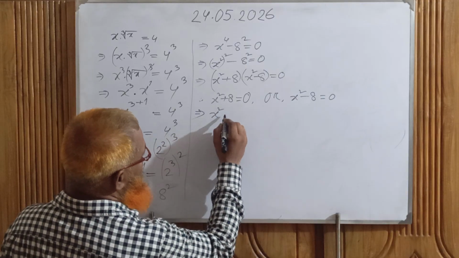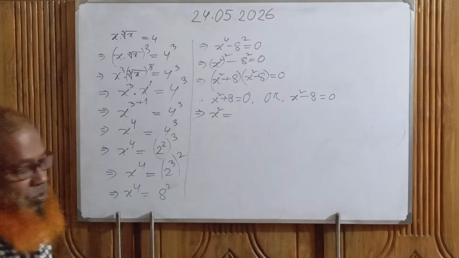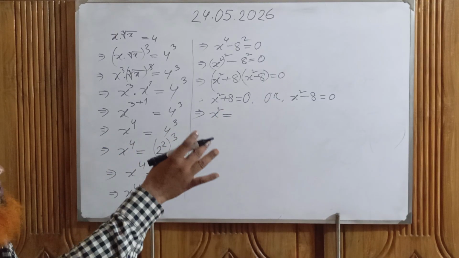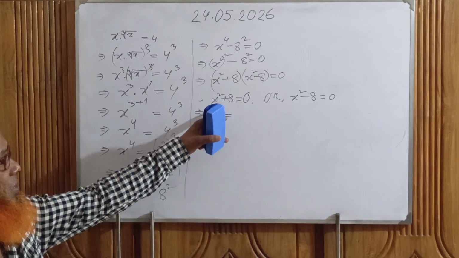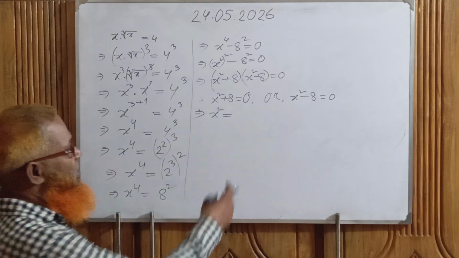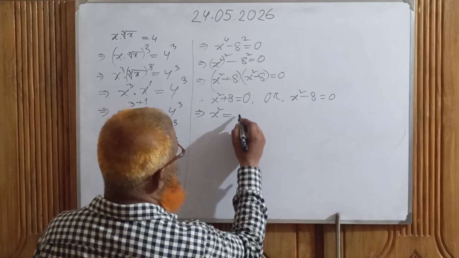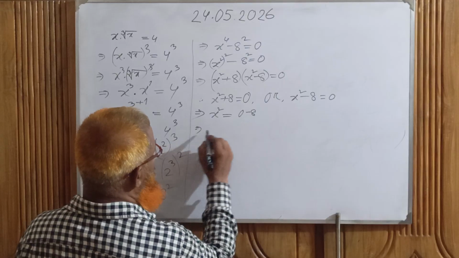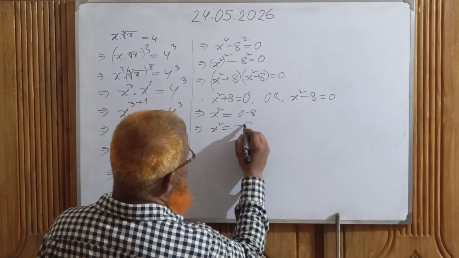So x square equals, here the positive 8 is transferred from the left side to the right side and becomes negative, so x square equals minus 8.